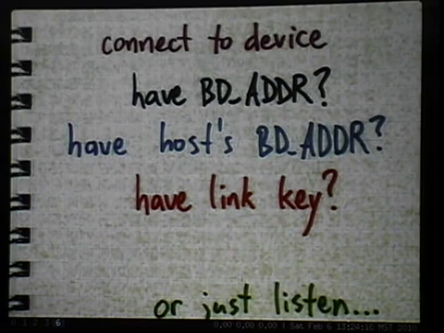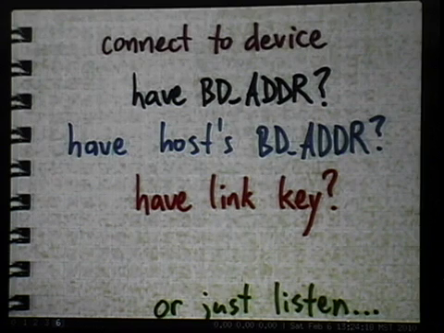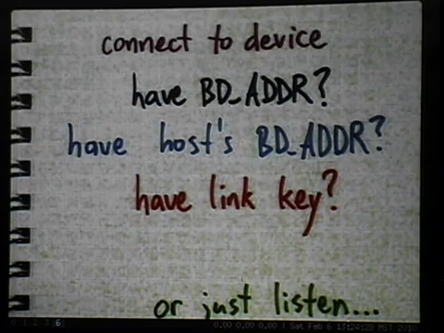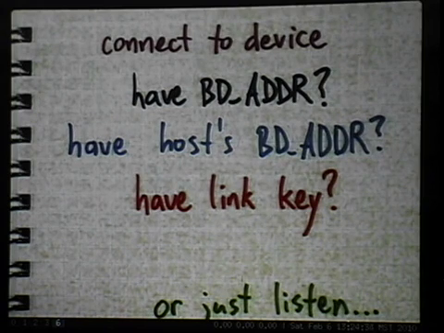And if you also have a third thing, the link key that's shared between the host and the device, then you can really do a good job of spoofing even the authentication and participate in authentication and encryption with that keyboard, just like you're the legitimate host. So those are three things that might be nice to find.